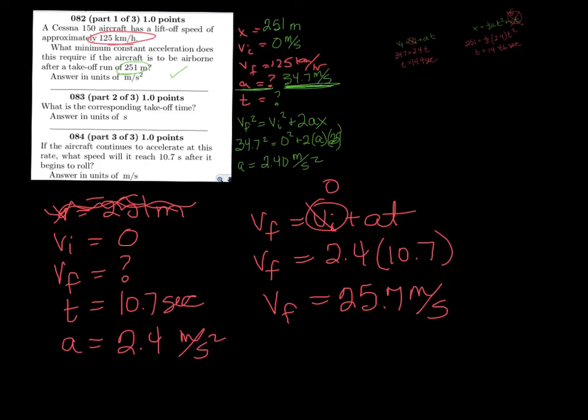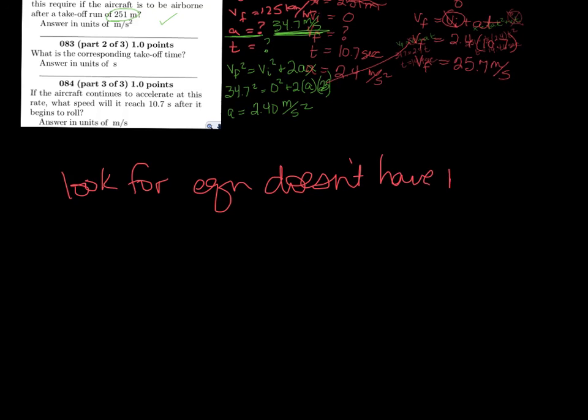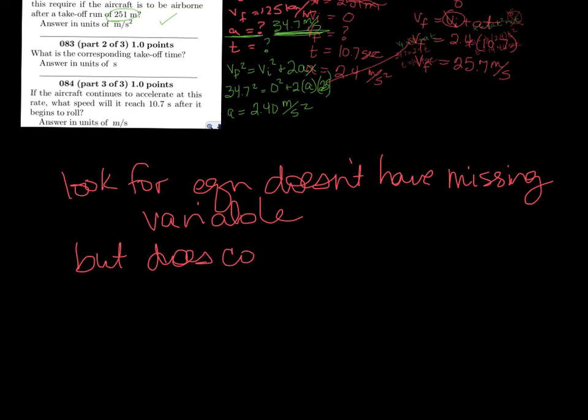So we can see that the real trick to doing these is you want to look for the equation that doesn't have the missing variable, but does contain your known and your unknown.